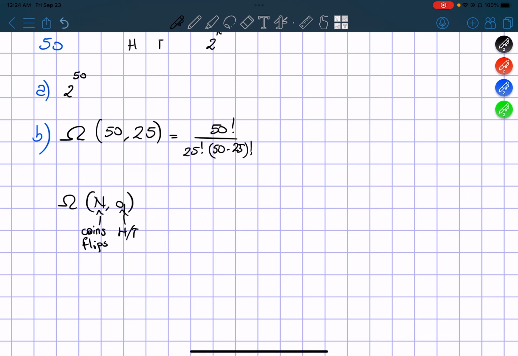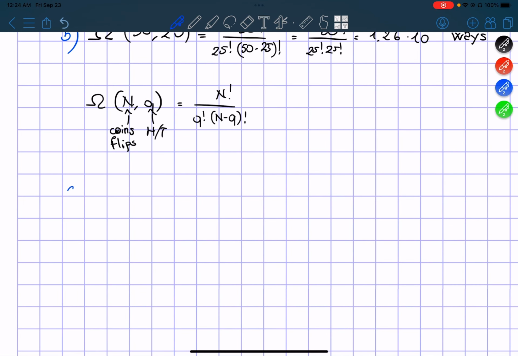So we have n factorial over q factorial times (n minus q) factorial. Here we get 50 factorial over 25 factorial times 25 factorial, which is equal to 1.26 times 10 to the power of 14. And these are the number of ways we can get it.